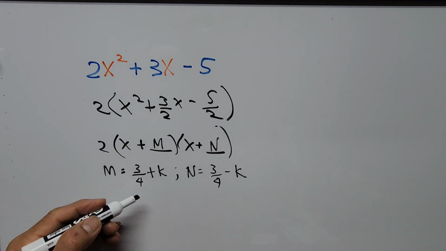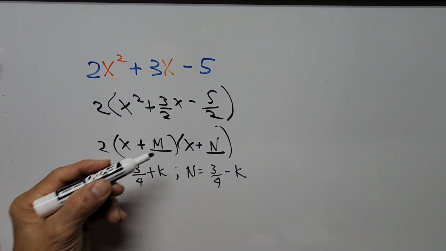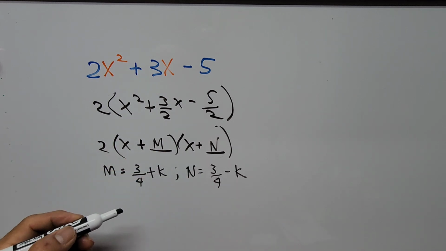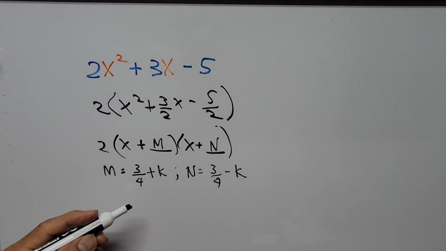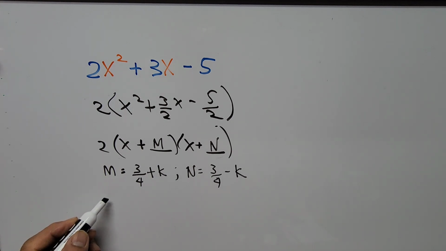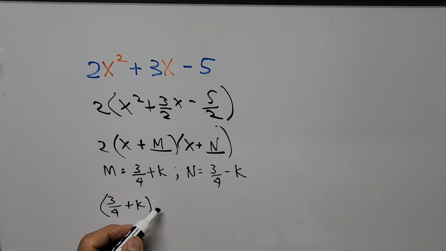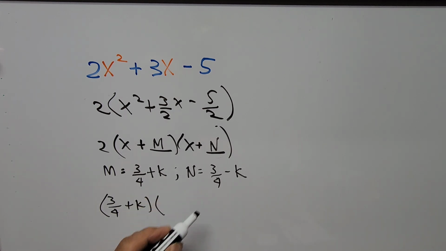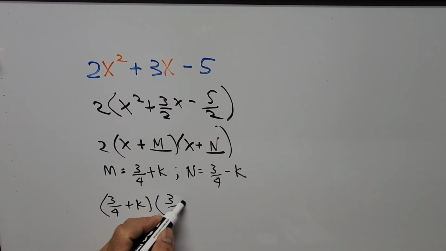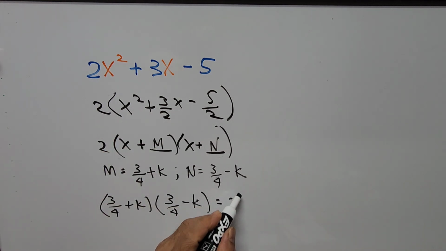We'll be doing this for the sake of not guessing the factors that go in here for the values of m and n, right? Let's take the product of these two factors as 3/4 plus k, that's the value of m, multiplied by the value of n, that's 3/4 minus k. So this must be equal to negative 5 halves.